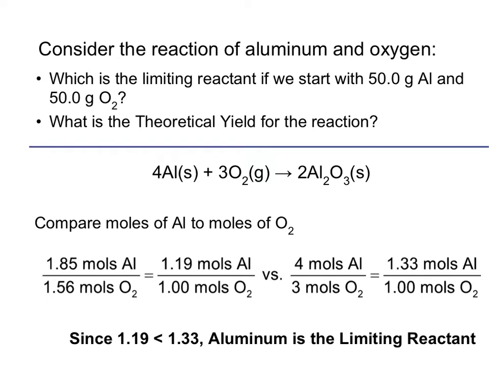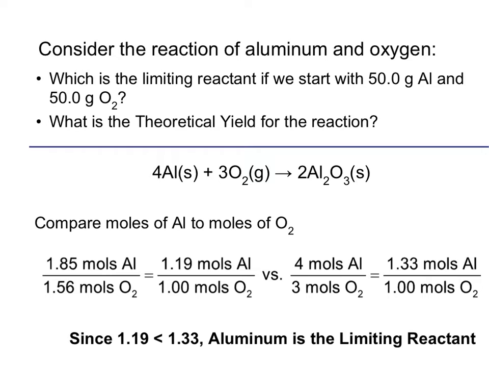Now we want to compare that to what's required in our chemical reaction. From our balanced equation, we see that we need 4 moles of aluminum to every 3 moles of O2, or in other words, we need 1.33 moles of aluminum for every 1 mole of O2.